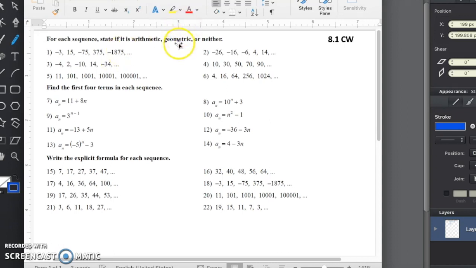If you're multiplying, that's going to be geometric. If you're doing something else, that's neither, right? So we're just going to talk about these 3 cases for right now. Arithmetic, again, plus or minus, geometric, multiplication or division, and neither if it's neither one of those. Okay, so for example, 4 is plus 20, plus 20, plus 20, plus 20. That's going to be arithmetic.